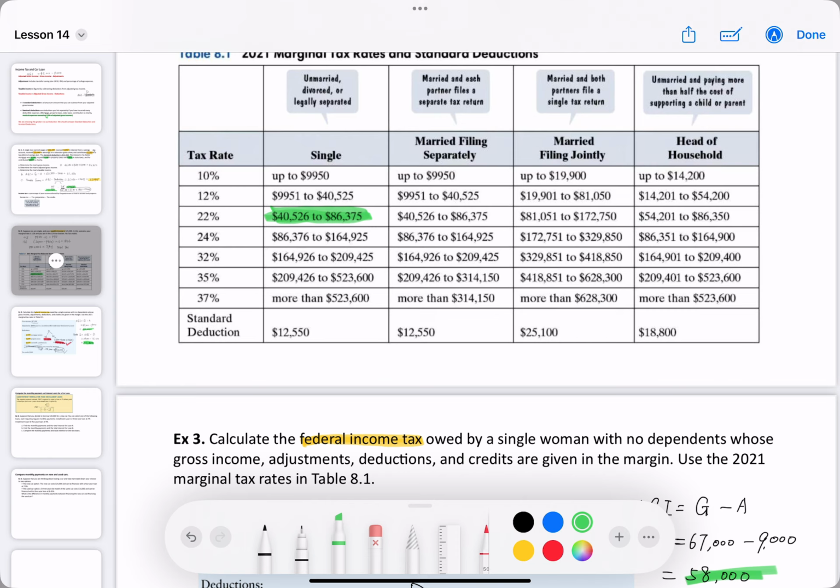So first, she needs to pay 10% on the money from 0 to $9,950. And she also needs to pay 12% on the next amount, and on the rest of the money, it is 22%.